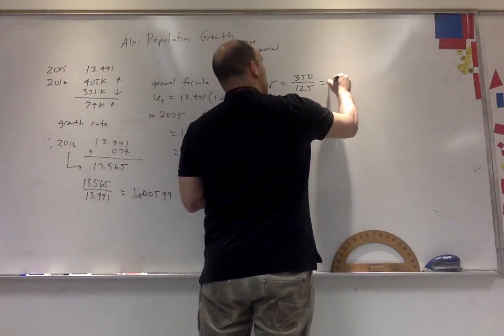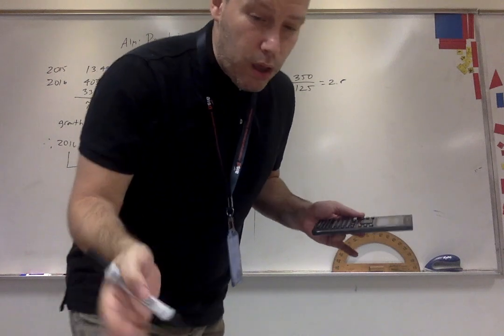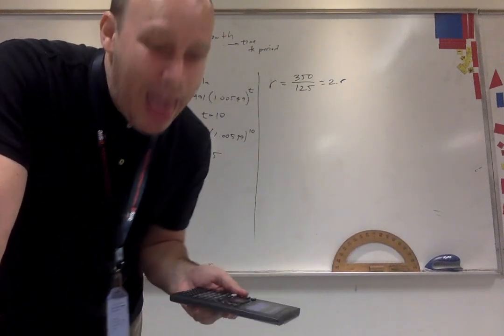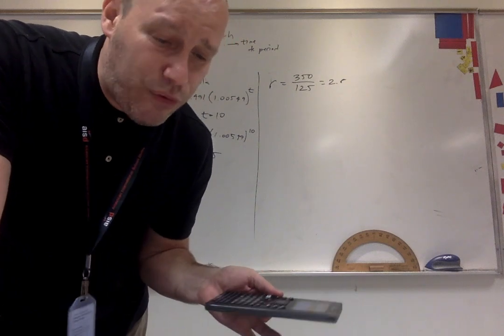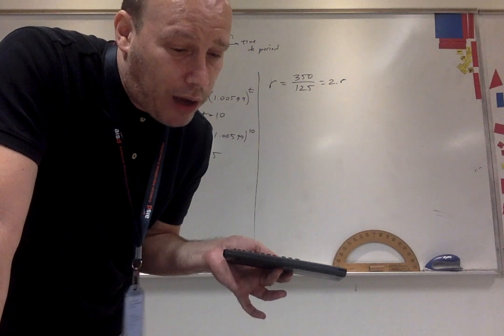You might be suspicious. You might say, Mr. Adler, I'd like to test the other numbers. Go for it. It turns out that 980 divided by 350 is also 2.8, and it turns out that 2744 divided by 980 is also 2.8, so we're in luck.